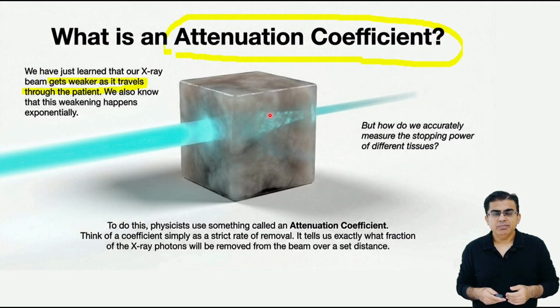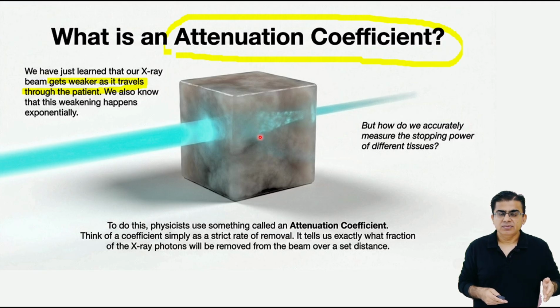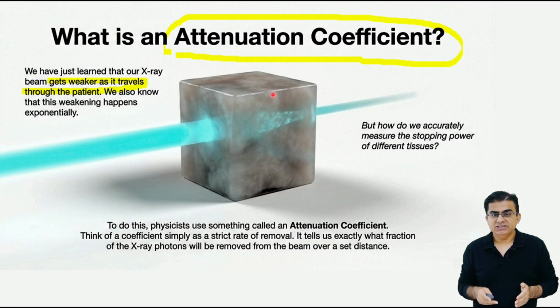It does not happen by subtracting a fixed number of photons. Instead, the tissue removes a fixed percentage or fraction of photons. Think of it exactly like a strict tax rate.